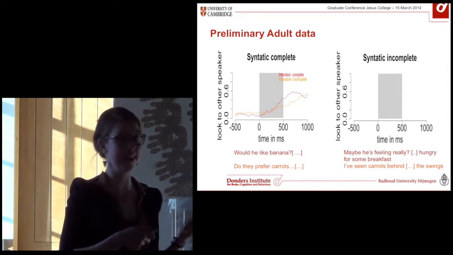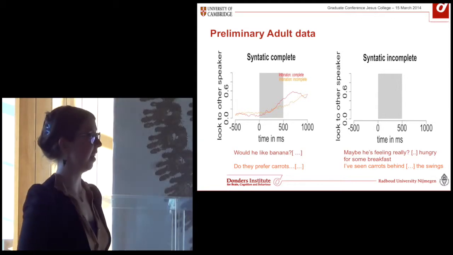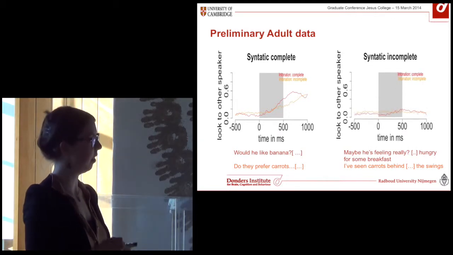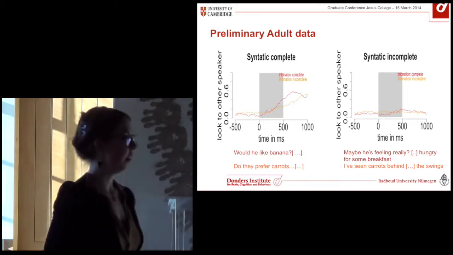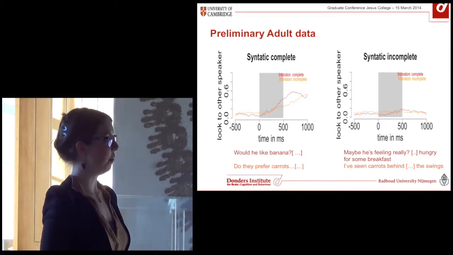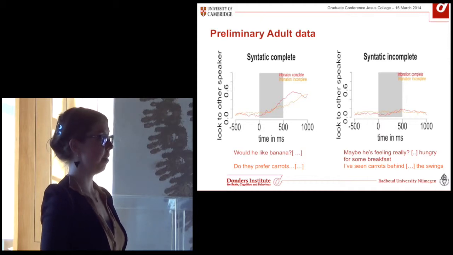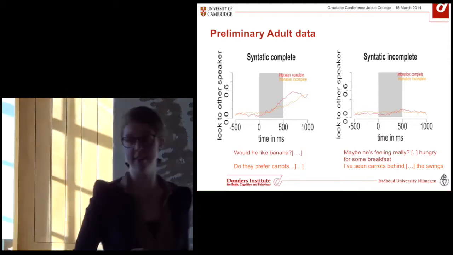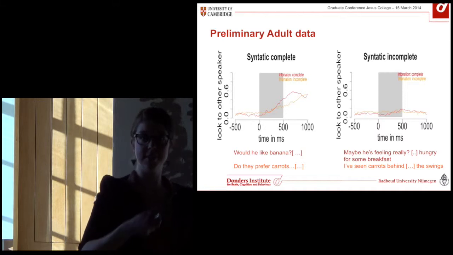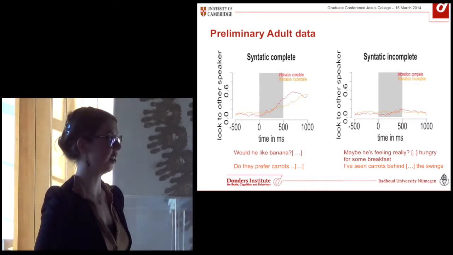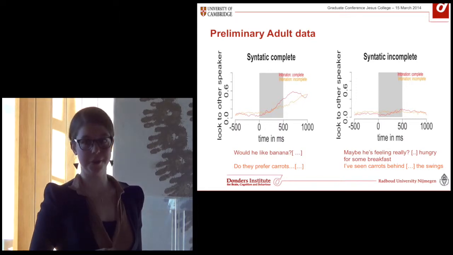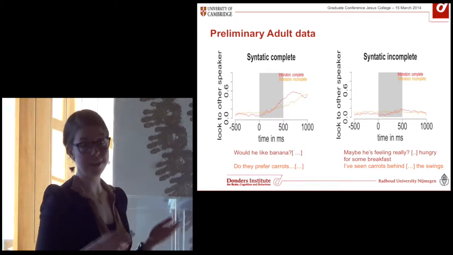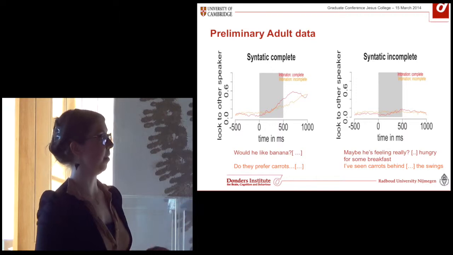So here you see really nicely the effect of intonation. And then in the syntactic incomplete condition, you see that they keep looking at the current puppet. That means adults realize the sentence isn't complete yet, so there won't be a speaker change. And here intonation doesn't have an important role. So it's only when the syntactic cue is complete that intonation plays a role, and not when the syntax is incomplete.